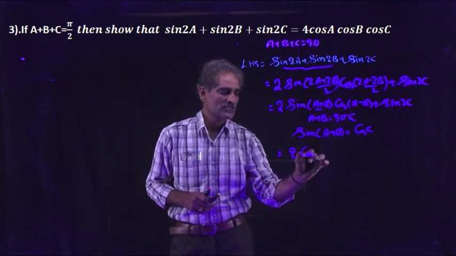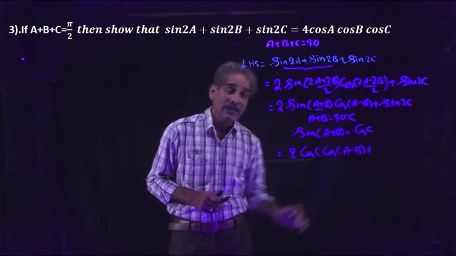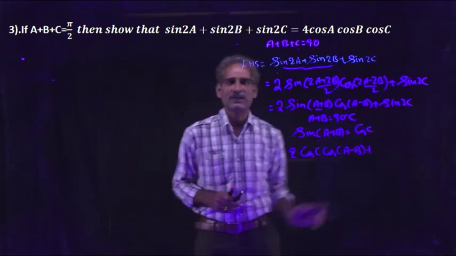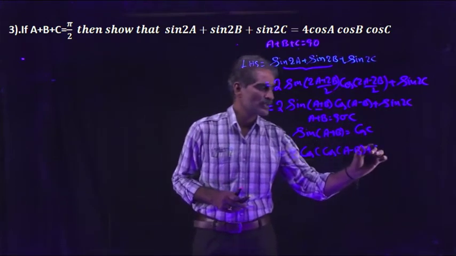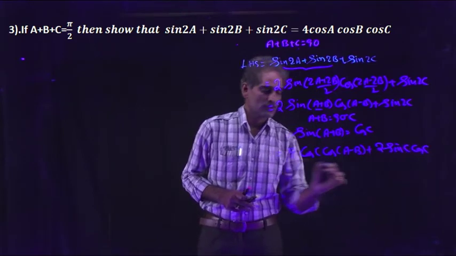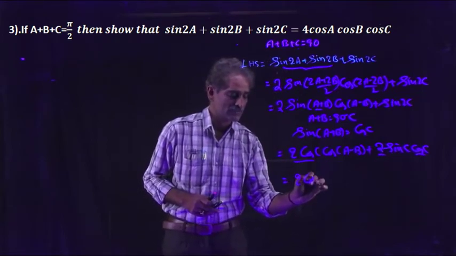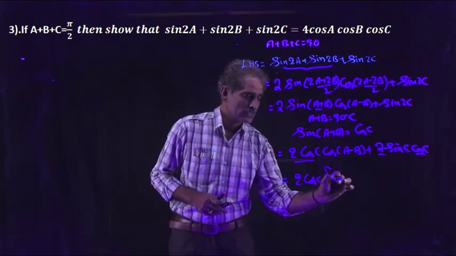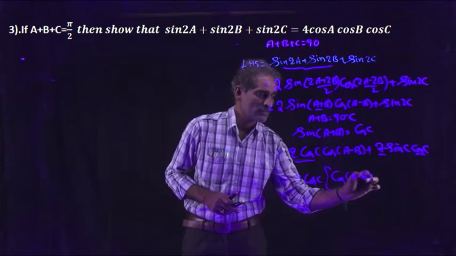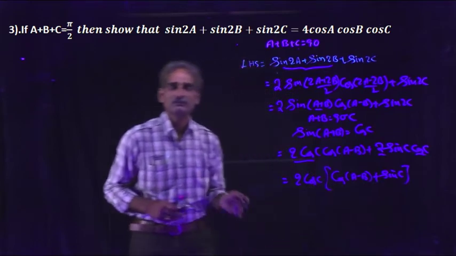2 into cos c, cos(a minus b), plus, write down the formula of sin 2c in terms of c: 2 sin c cos c. Now take 2 cos c common from both the terms. Then we will get cos(a minus b) plus sin c.